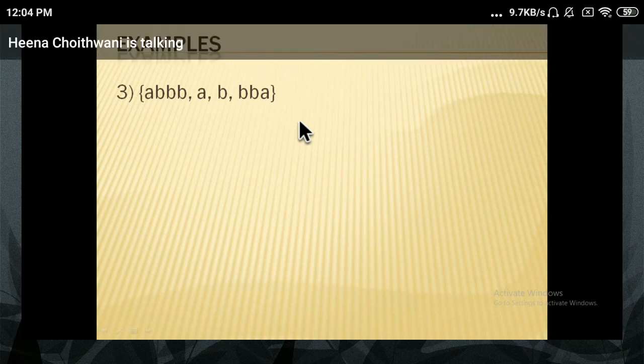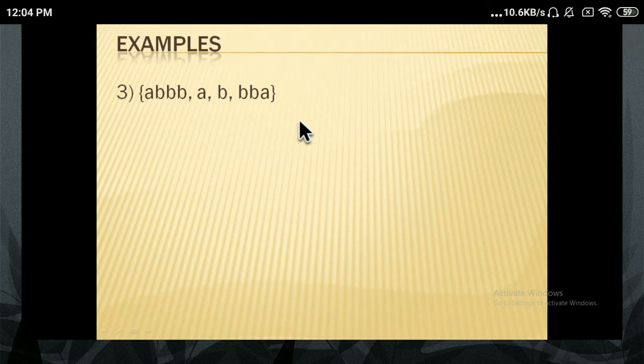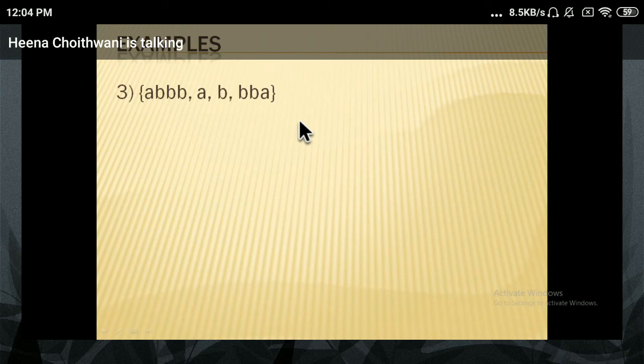What will be the regular expression of this particular language with the four strings: A triple B, A, comma B, comma double B A? Yes, I'm waiting for your answers. What will be the regular expression for this language containing A triple B, A, B, double B A?